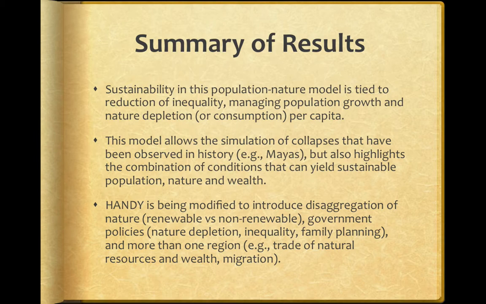So, for example, what happens if you have two Handies, or one for, say, the Americas, one for Asia, and one for Europe, and you can allow for trade between these regions, trade of natural resources, trade of wealth, and trade of population, which is essentially migration. Then you start having a much more powerful tool.